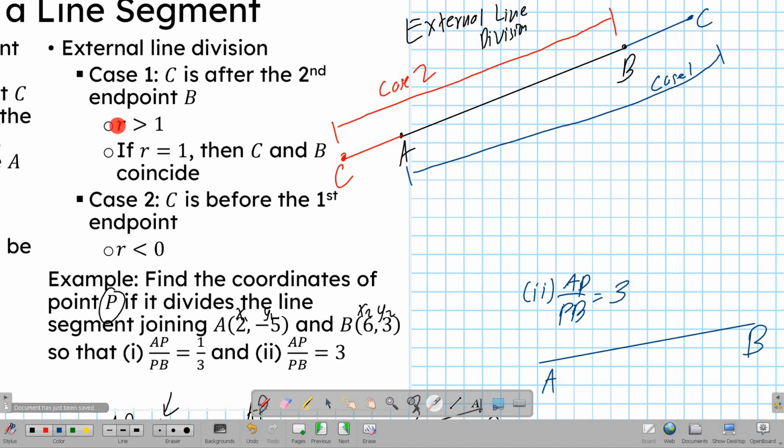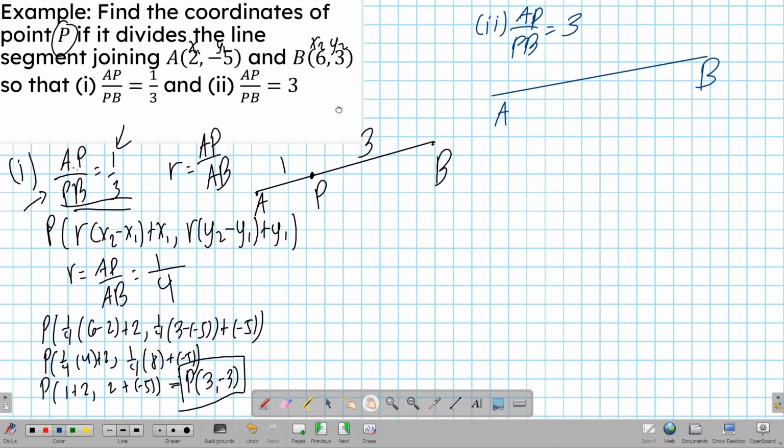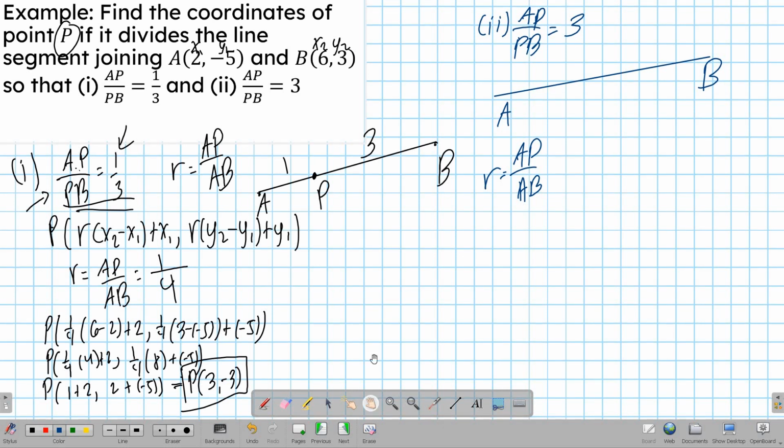This is because R is greater than 1. This is our first thought. Although again, this is not R; that's AP over AB. Our R should be AP over AB. This would be our R. Now, if AP is equal to 3, then P would be somewhere here.